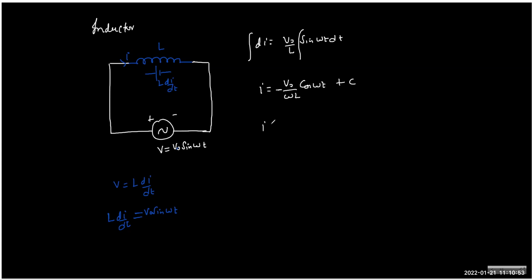So we write I equals minus V naught by omega L.